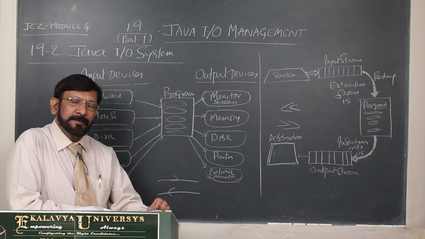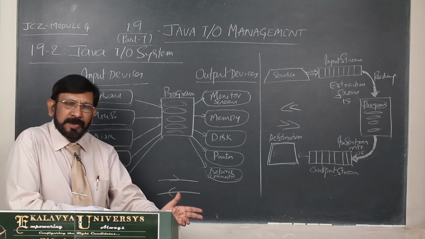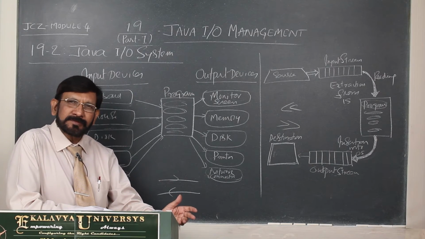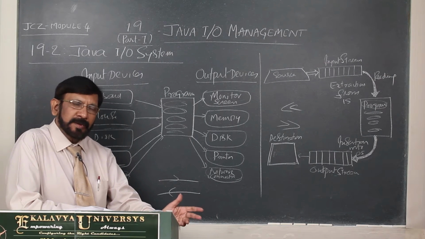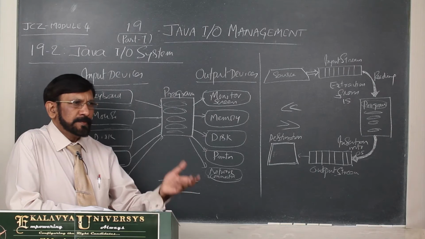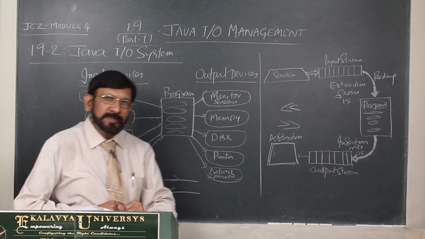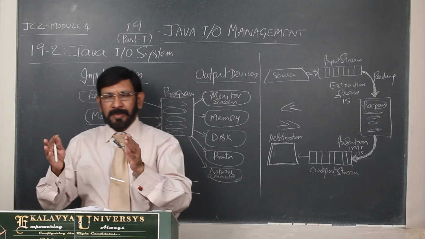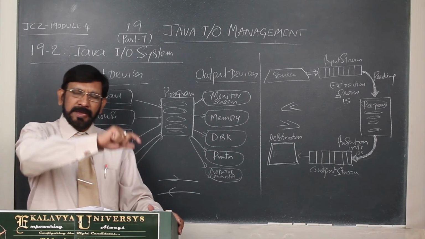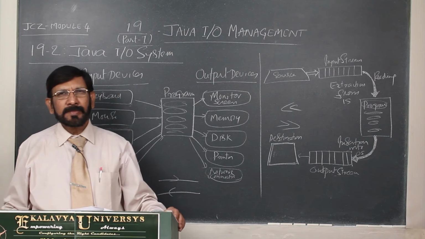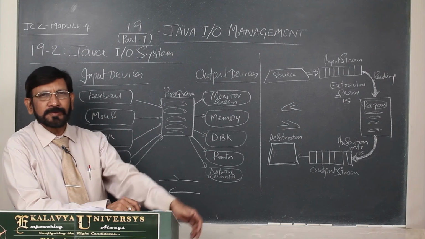So, if you analyze that, we have seen one source and one destination, and the source may be any hardware device like keyboard, mouse, internet connection, etc., or it may be a program, or it may be any other stream. So, if you first learn small stream-oriented operations, by composing all of them we can form complex operations. They are created in such a fashion that one is compatible with the other.